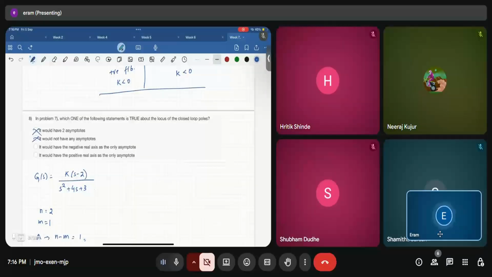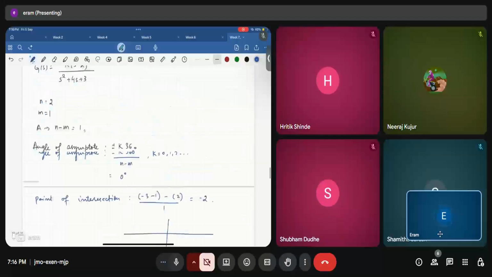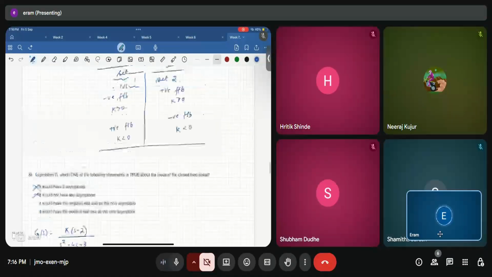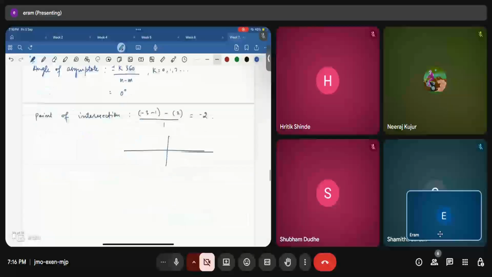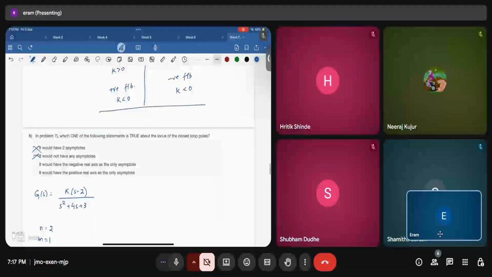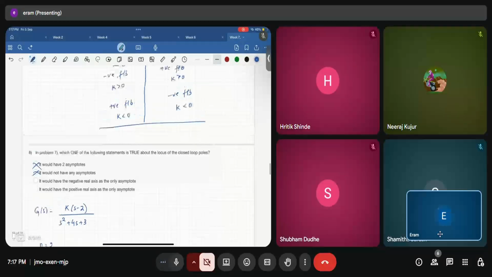Okay, negative real axis, positive real axis, how they are differentiating between these two, we will see this in the next session. I'm not sure how this minus 2 thing will get into the real axis thing.